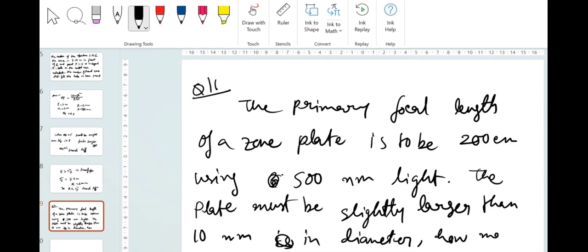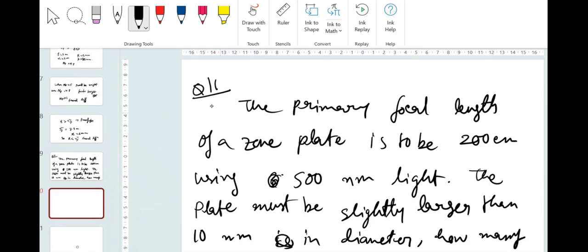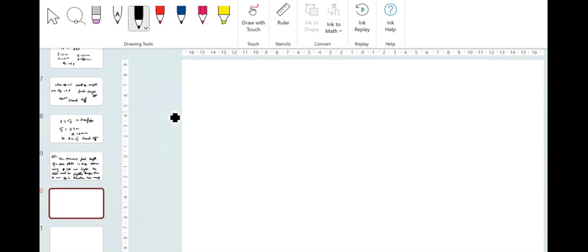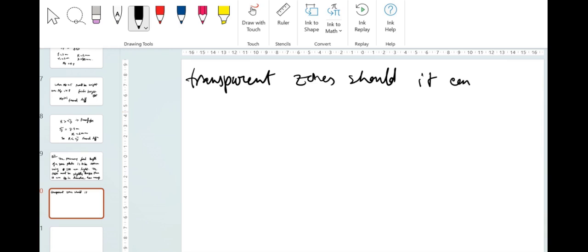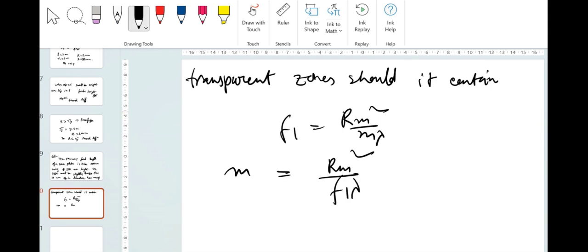How many transparent zones? F1 is equal to Rm squared by m lambda, so m is equal to Rm squared by F1 lambda.